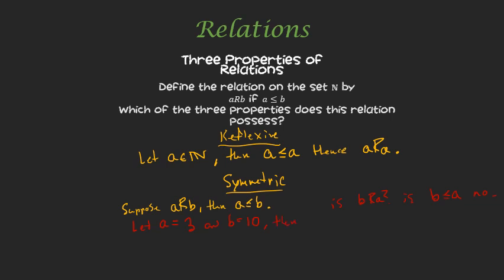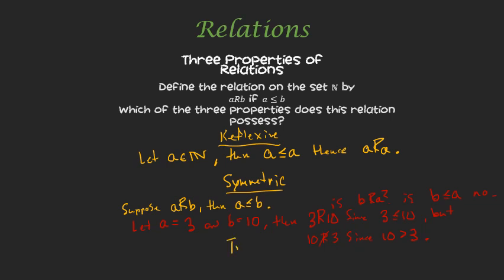Then 3 is related to 10 since 3 is less than or equal to 10, but 10 is not related to 3 since 10 is greater than 3. So that's what it takes to show something is not symmetric: a pair such that A is related to B and B is not related to A.